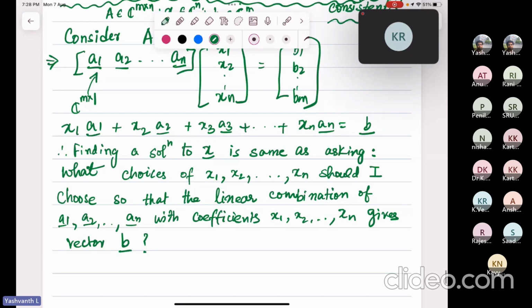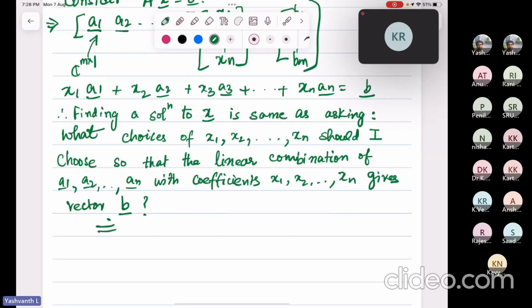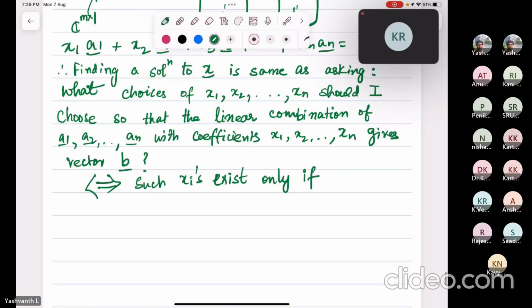That is equivalent to saying that such xi's will exist only if the vector b lies in the column space of A. Correct?